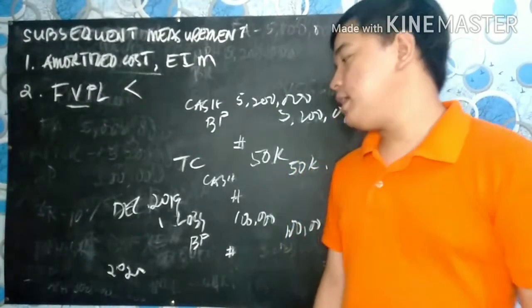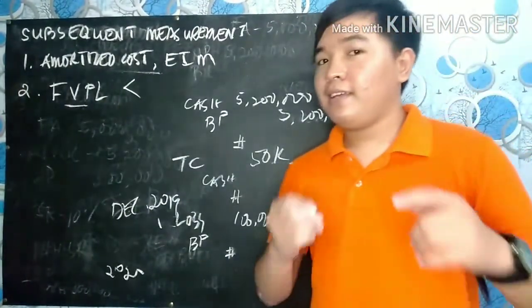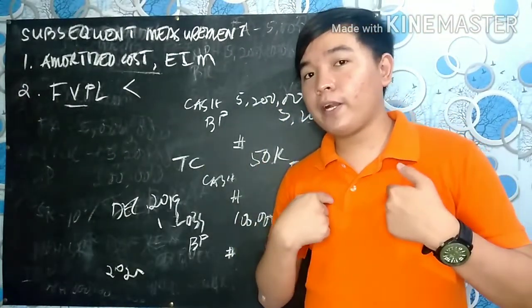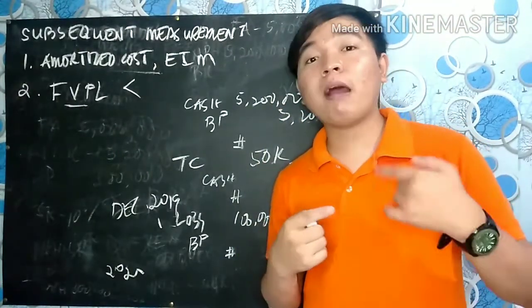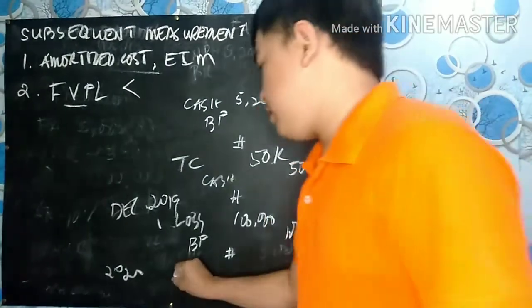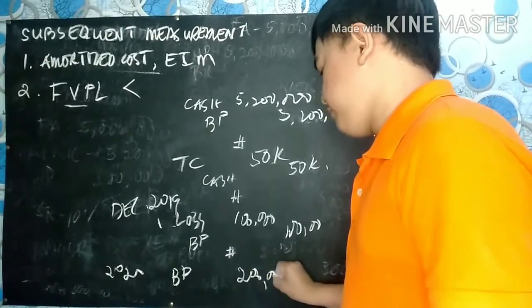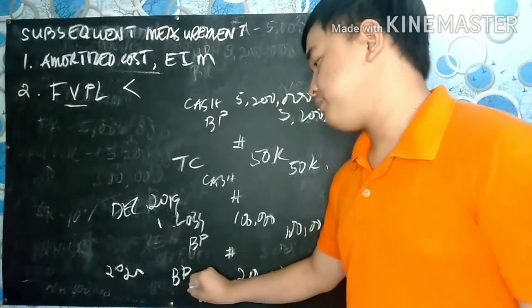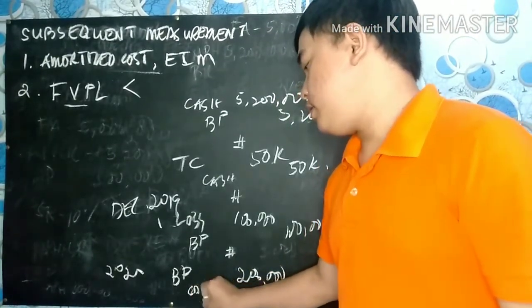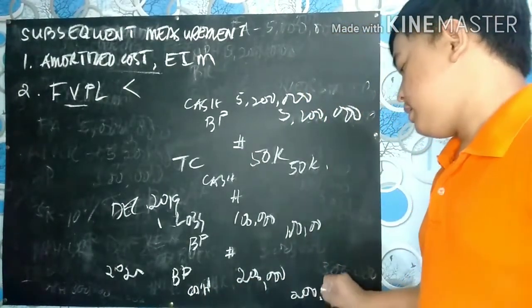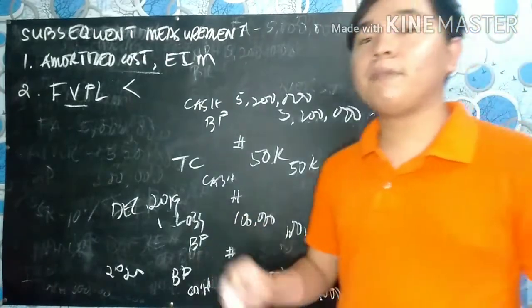So, ano yung magiging entry natin dyan? Of course, on our part, it is a gain. Why? Because bumaba yung value ng utang natin. So, entry natin dyan is debit bonds payable, 200,000. And credit tayo ng gain on the change on the fair value of the bonds payable, 200,000. Ganun lang po kasimple.